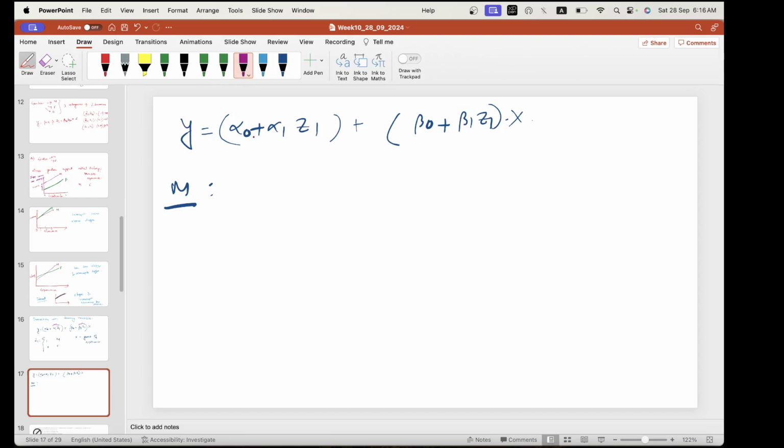The equation becomes alpha naught plus alpha 1 plus beta naught plus beta 1 x. Okay, and for females it becomes alpha naught plus beta naught x.